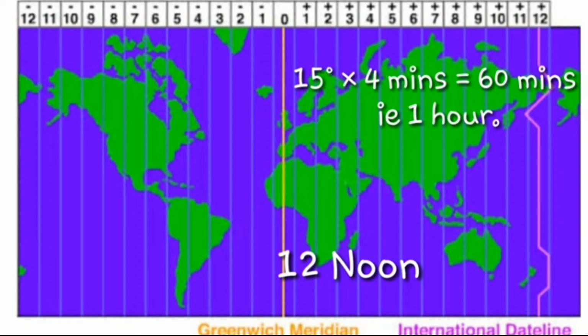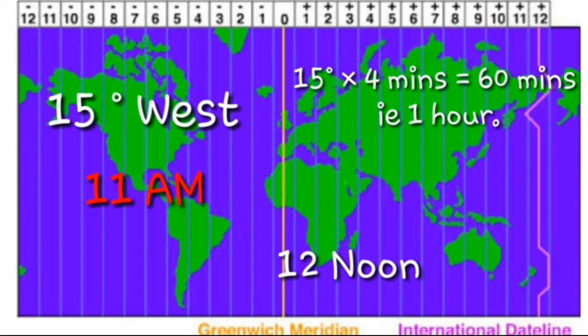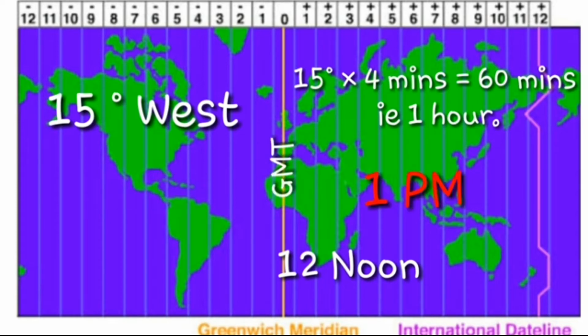So how much will it be? Yes, 1 p.m. But at 15 degrees west of Greenwich, since the time is behind Greenwich time by 1 hour, it will be 11 a.m. Similarly, at 180 degrees, it will be midnight when it is 12 noon at Greenwich.